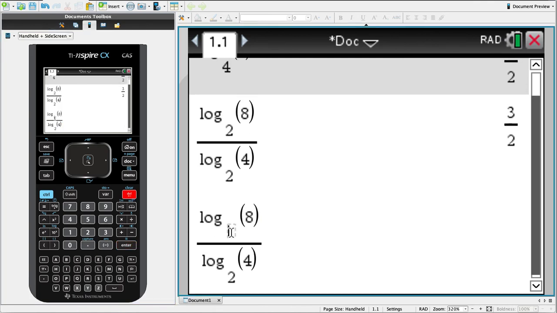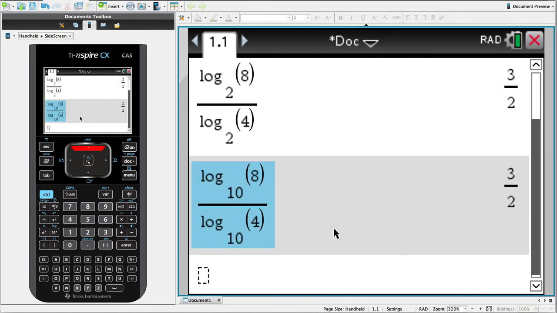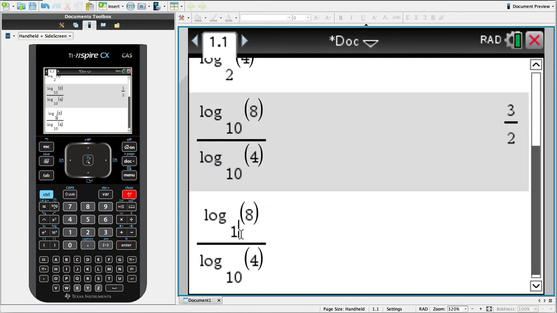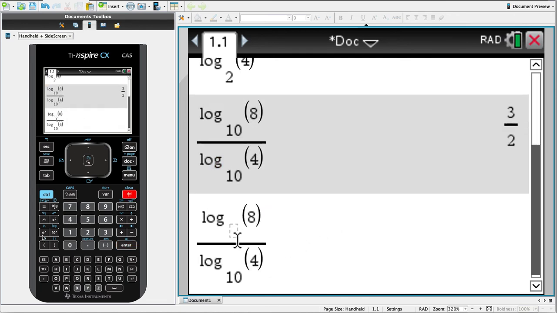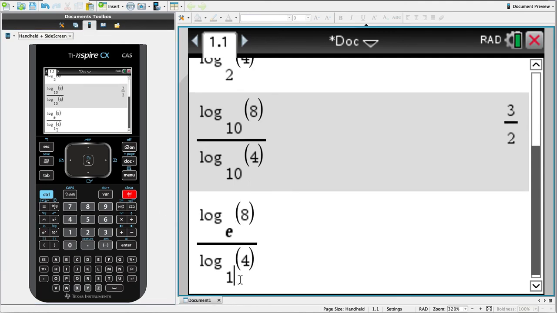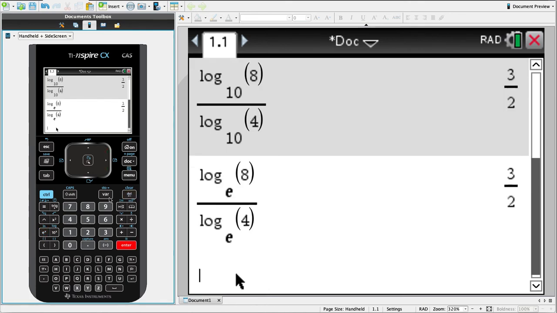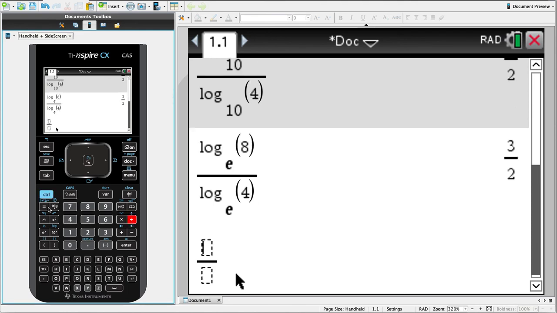We could use base 10. We can use base e, and I have to get the value for e here. And of course, another name for log base e is ln, or natural logarithm.